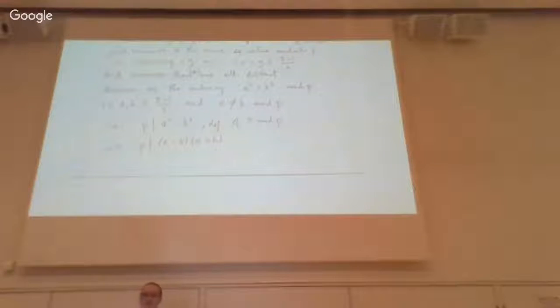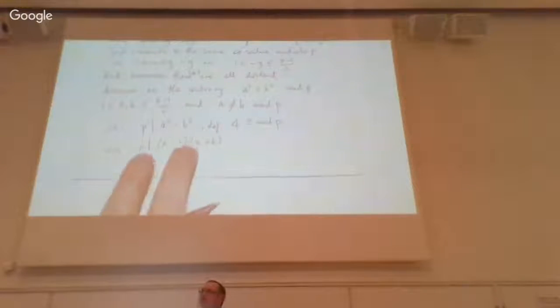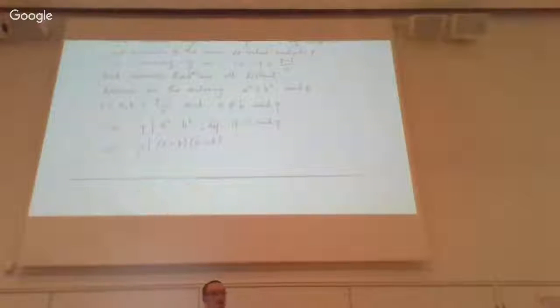P isn't any old number, P is a prime number. And what's the conclusion when you have P dividing a product? It's almost an alternative definition of a prime number. P divides a product, then it must divide one of the factors.